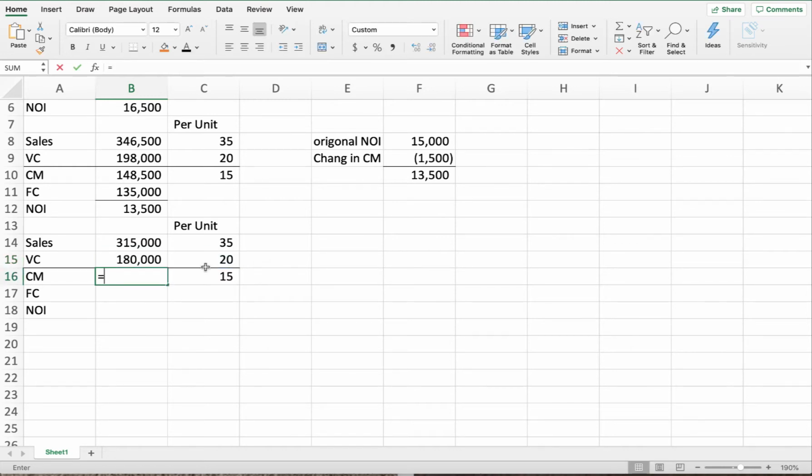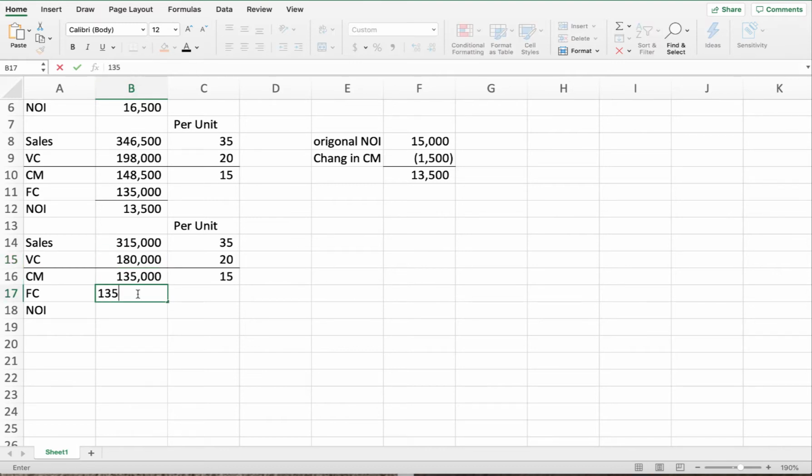$180,000. Okay, well, what's my contribution margin now? Well, sales minus my total variable costs, which is $135,000. Okay. I now subtract my fixed expenses.